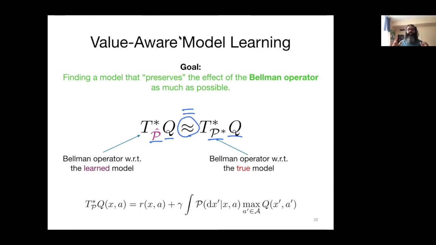But now the goal would be to make sure these two sides are as close as possible to each other, because then the effect of them would be closer. So what I want to do is, from this general idea, derive a loss function that says how the model should be learned. The loss function essentially tries to make this approximation as accurate as possible.